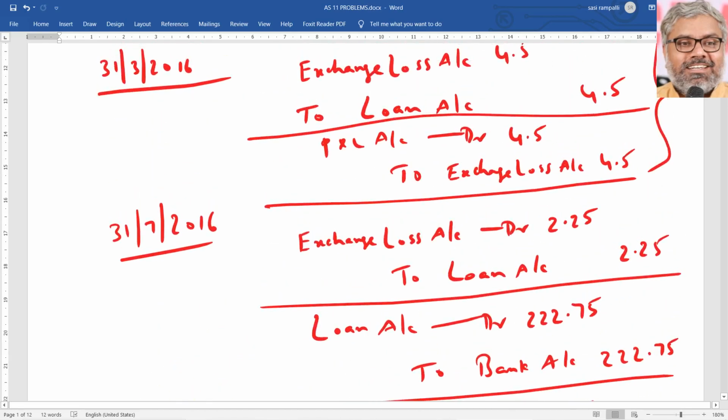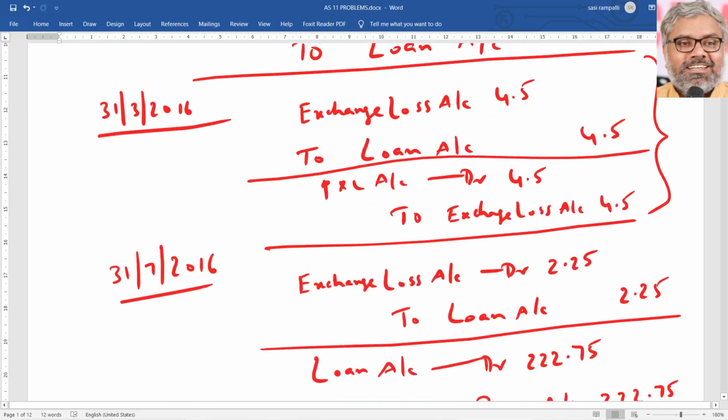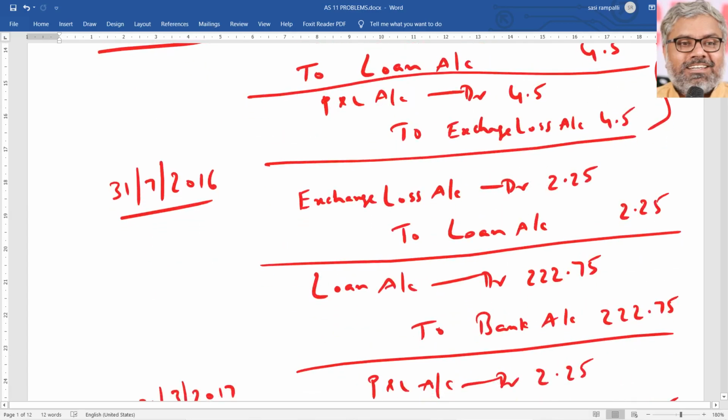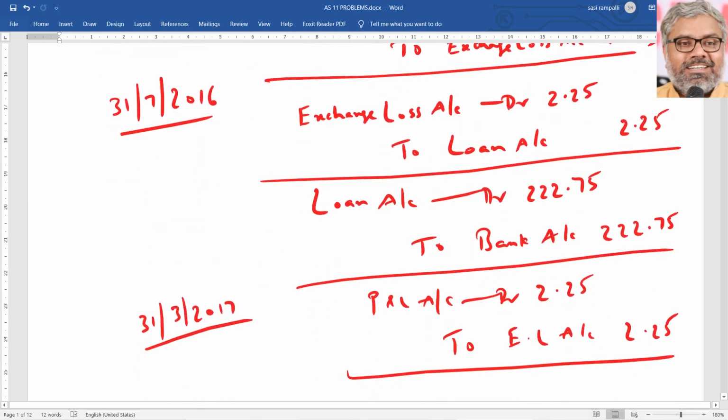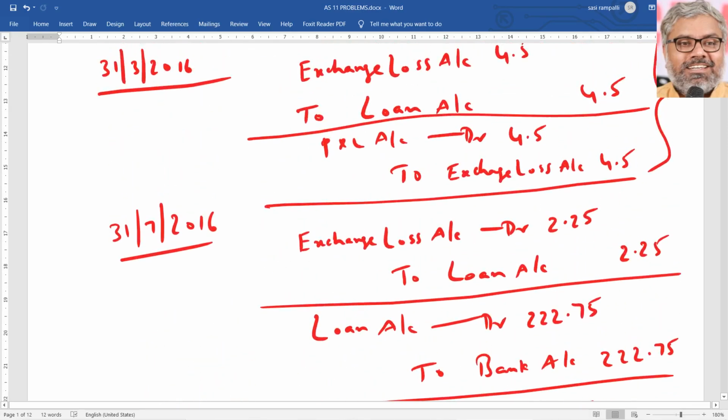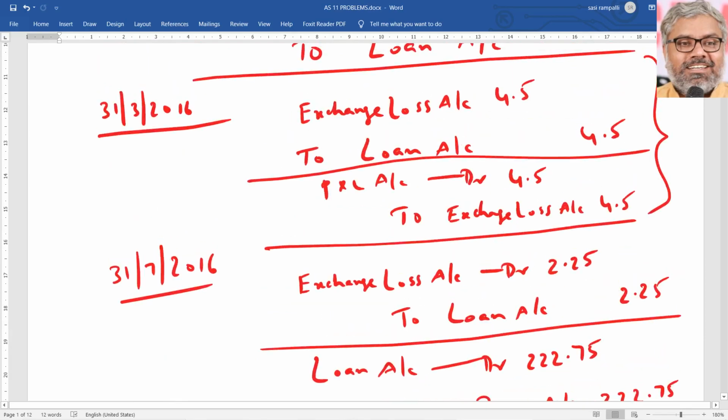But one point again we have to understand from a technical conceptual point, the 4.5 lakhs which we already recognized in the financial year 2015-16 was unrealized then. It got realized, right? When the amount is actually settled, that 4.5 lakhs also got realized. That is the reason why we have a total realized actual exchange loss of 6.75 lakhs.